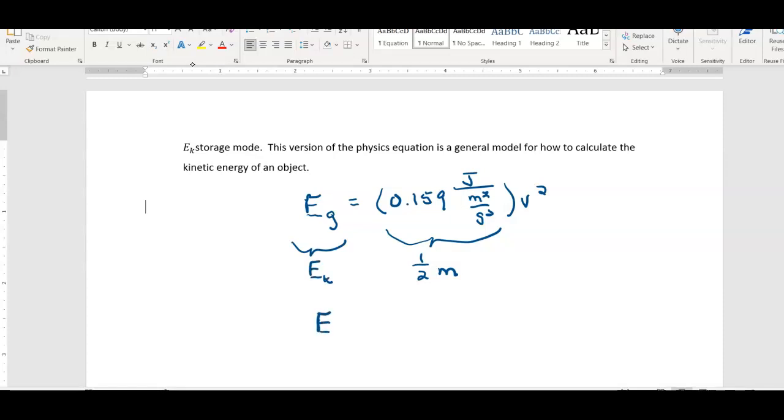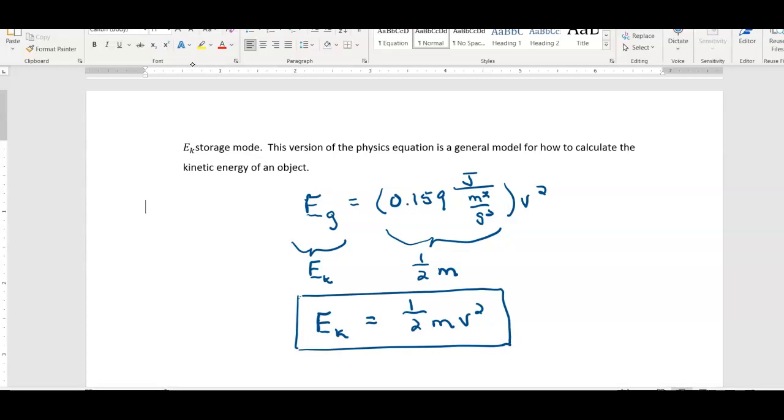And so my new general model is that the kinetic energy equals half of the mass multiplied by v squared, the velocity squared. And so we have shown how we could derive this equation as the equation to find the kinetic energy of the cart.